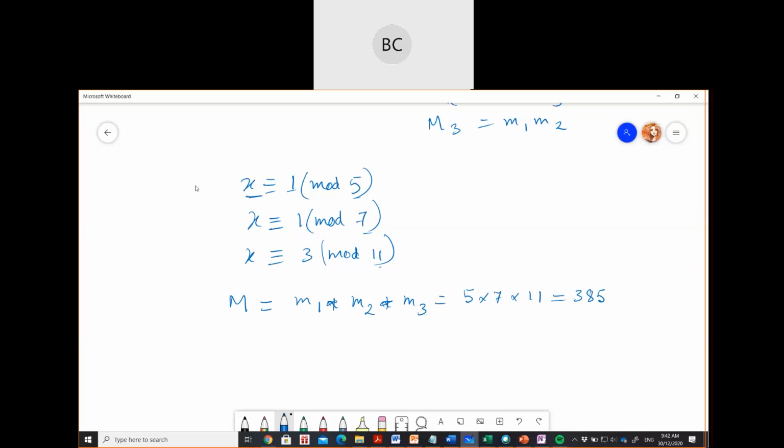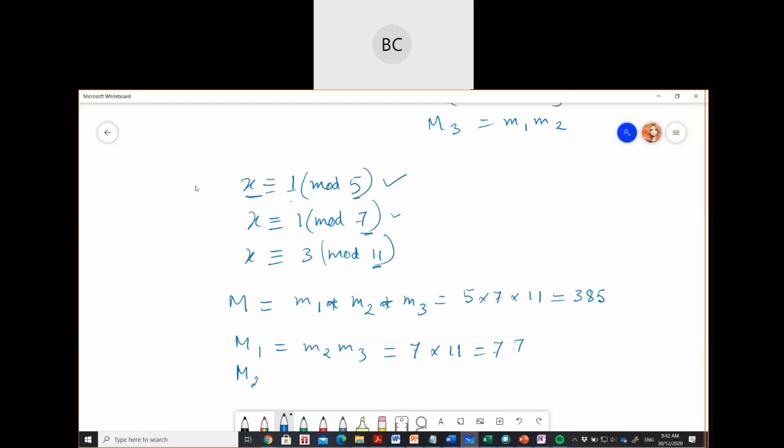Now we also need to find this small m1, m2, m3. So let's find what is m1. M1 will be m2 and m3, because you are trying to find for this one. So it will be 7 into 11, which is 77.